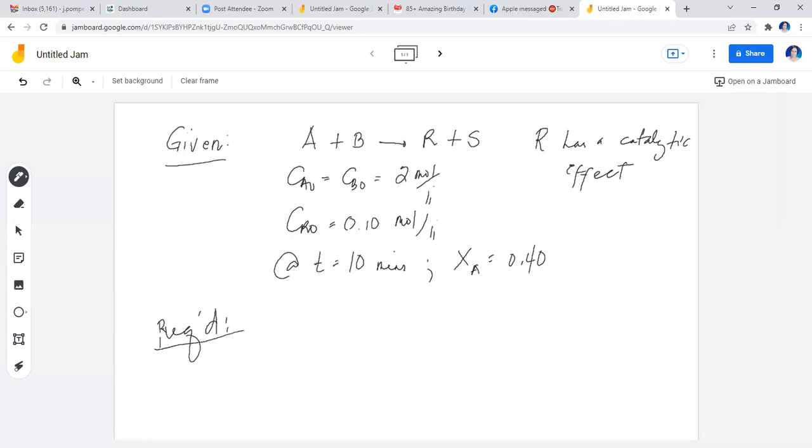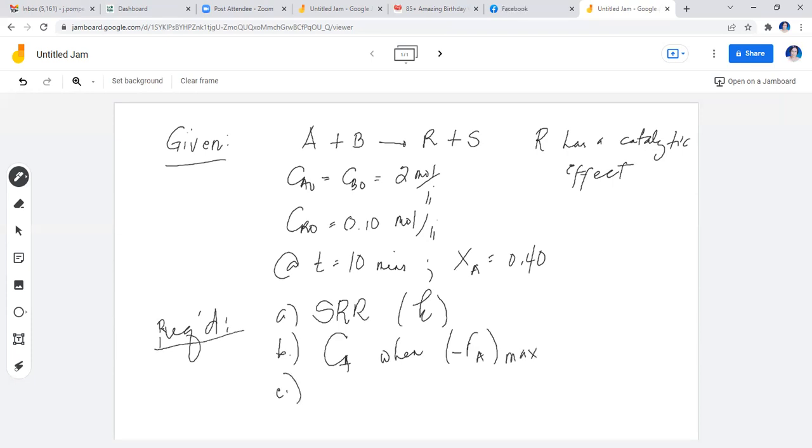Now the specific reaction rate is represented as SRR. This is actually the K, the rate constant. And the concentration of A at which reaction velocity is maximum, so C sub A when the rate is maximum.